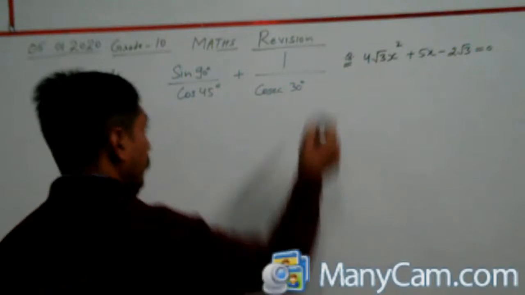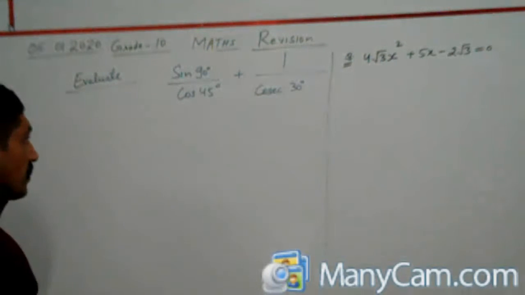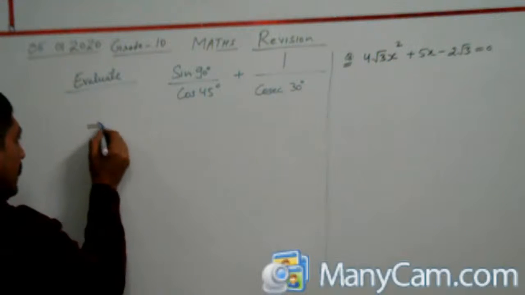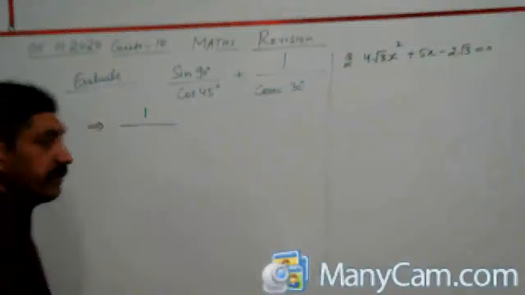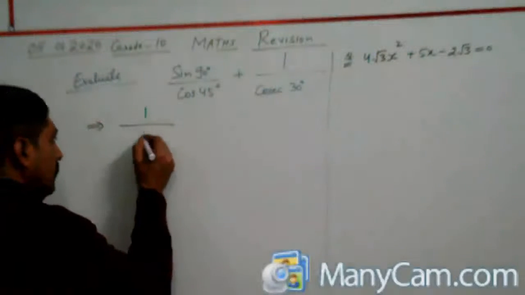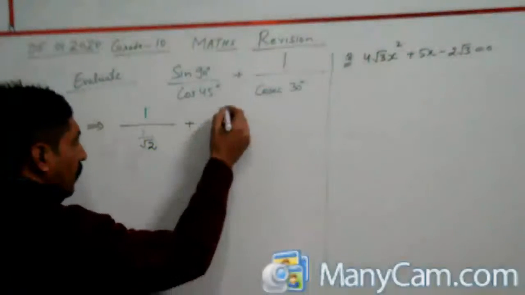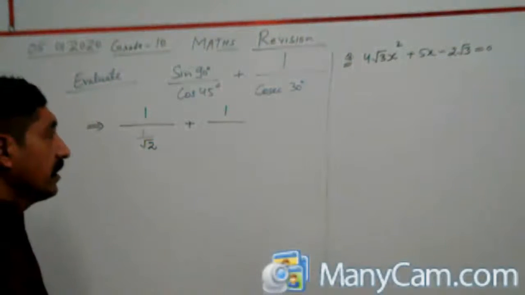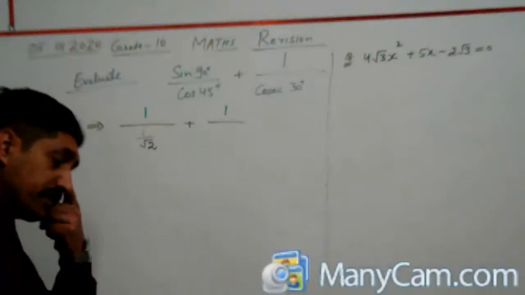Two parts: one is this quadratic equation and one is this one here. So substitute the value. Sin 90 is 1 and cosine of 45. Cosine 45 and sin 45 are one and the same, that is 1 by root 2, plus 1 upon cosecant 30, that is reciprocal of sin 30.